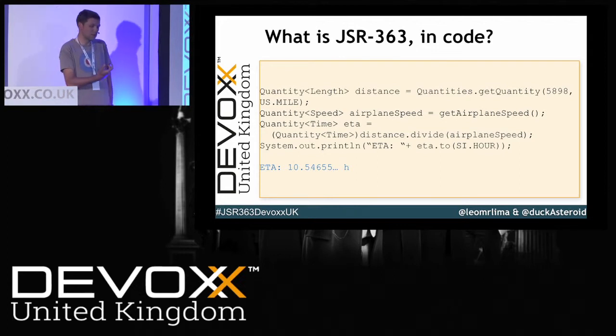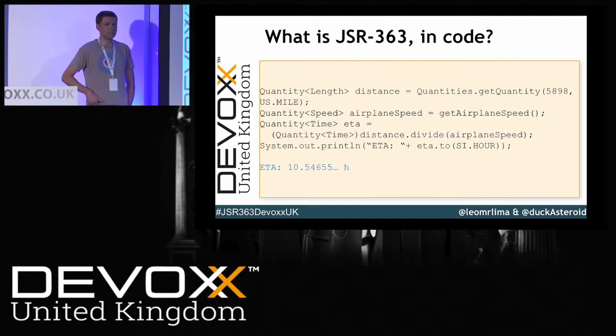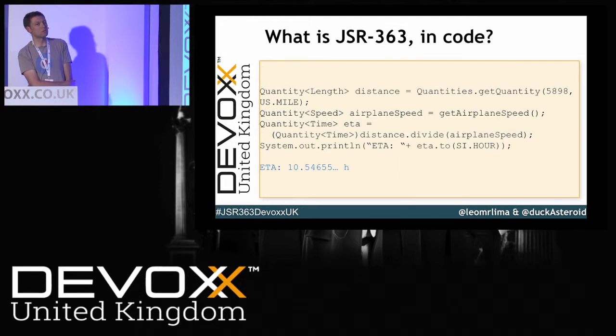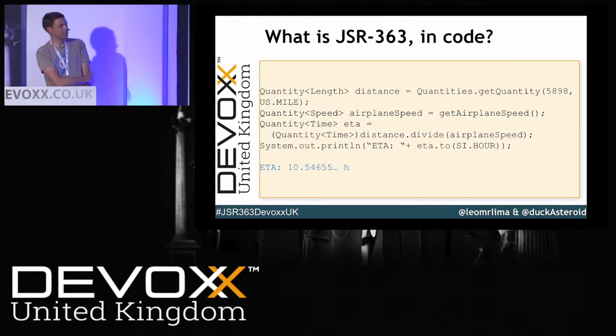So a quantity represents a measurement and a unit coupled together. And it's also typed with the kind of quantity that you're measuring. So length is a kind of quantity. So here we've got a distance represented by 5,898 US miles. So again, being specific about which mile, not just mile, but that mile.